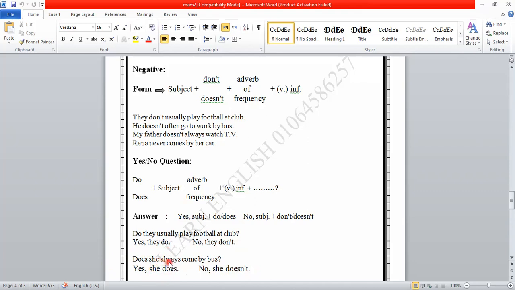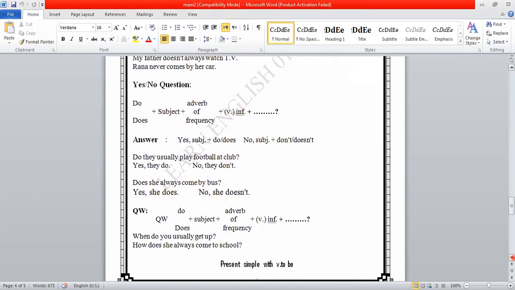We put the subject, and after that, we put the adverb of frequency, then the verb in infinitive form, and the answer will be yes or no. Yes, she does. No, she doesn't. We can use here any singular noun.